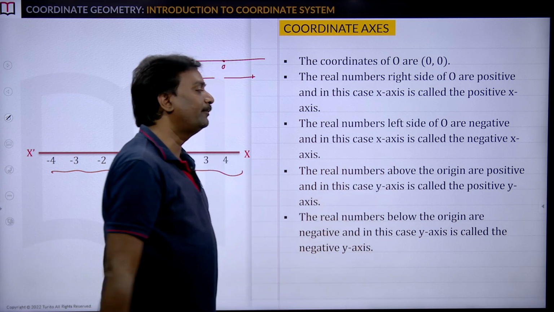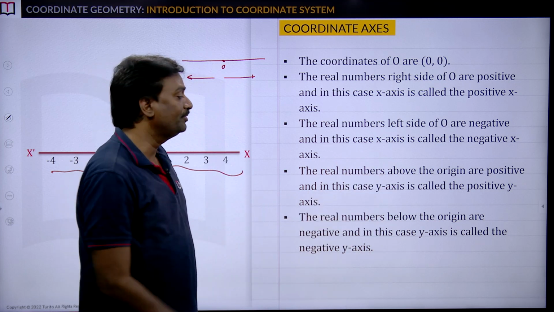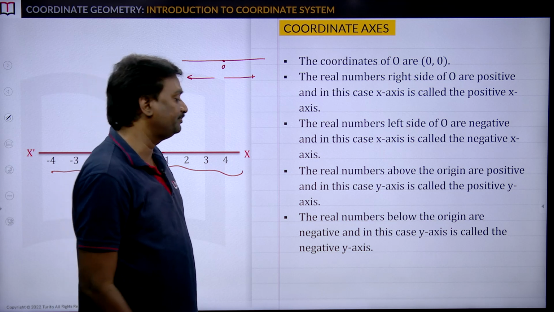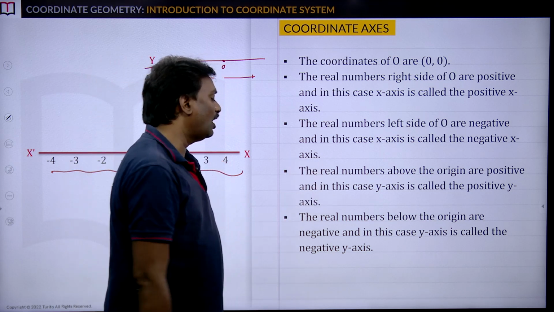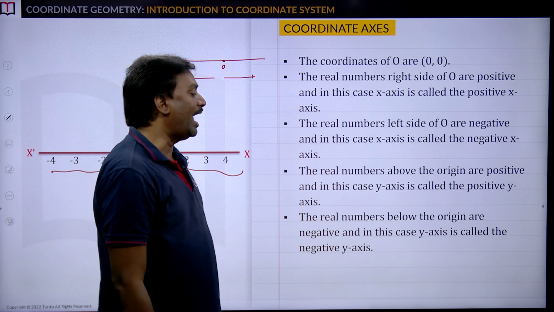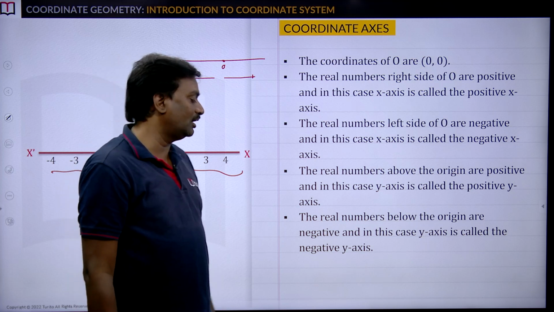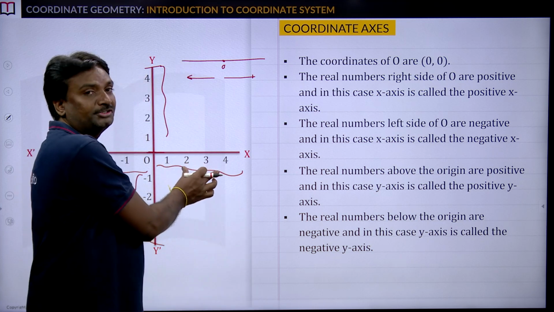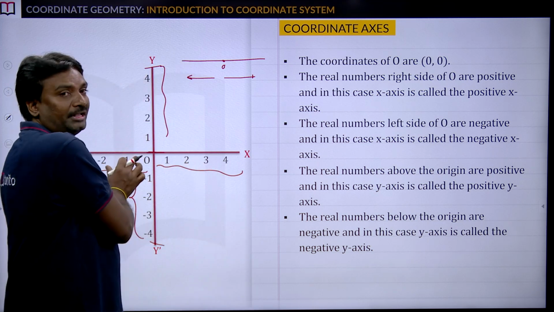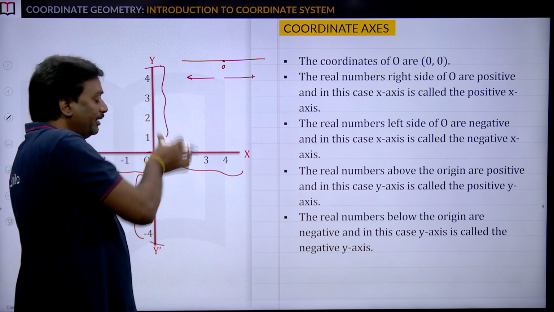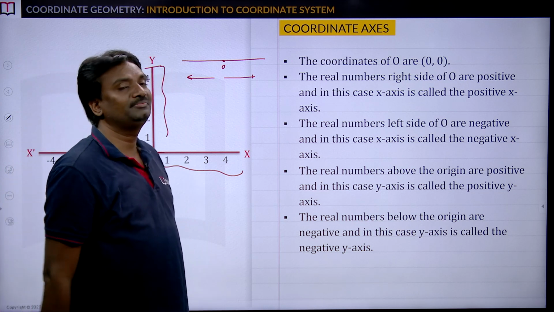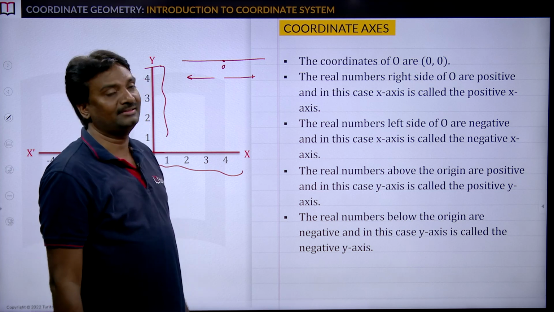The real numbers above the origin are positive, and the y-axis is called the positive y-axis. The real numbers below the origin are negative, and the y-axis is called the negative y-axis. So according to this figure, this is the positive x-axis, this is the negative x-axis, this is the positive y-axis, and this is the negative y-axis. I hope you understood the concept of coordinate axes.